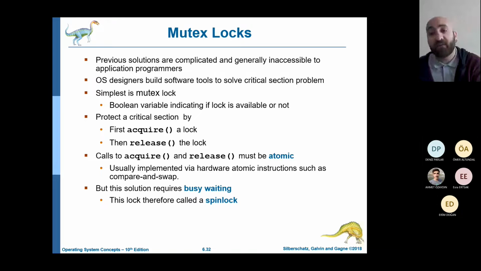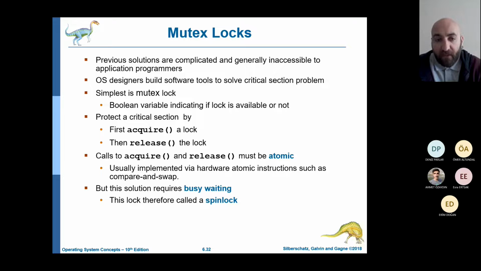And after my critical section, I have to release the lock because other processes can try to enter their own critical sections. So if the lock is available, a call to acquire succeeds and the lock is then considered unavailable to other processes. A process that attempts to acquire an unavailable lock is blocked until the lock is released by its owner.